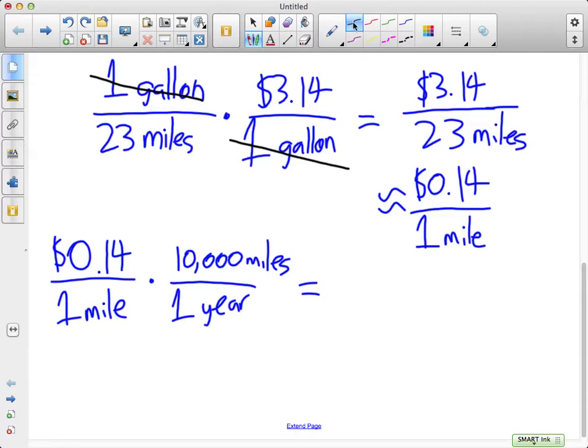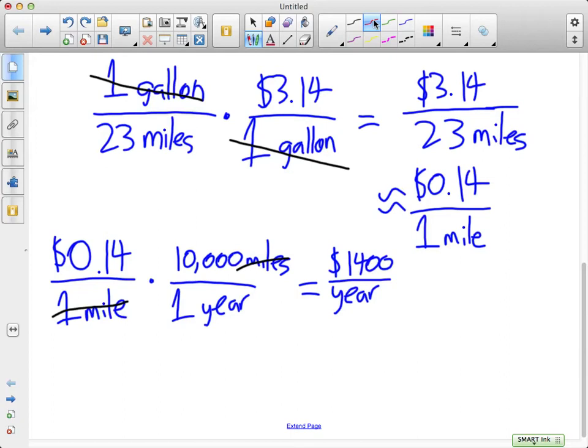Here, the unit of miles cancels, and we just get 10,000 times 0.14, and that's going to be 1,400. So I spend $1,400 per year in gas, and that's what I needed to find for that last number in my function.